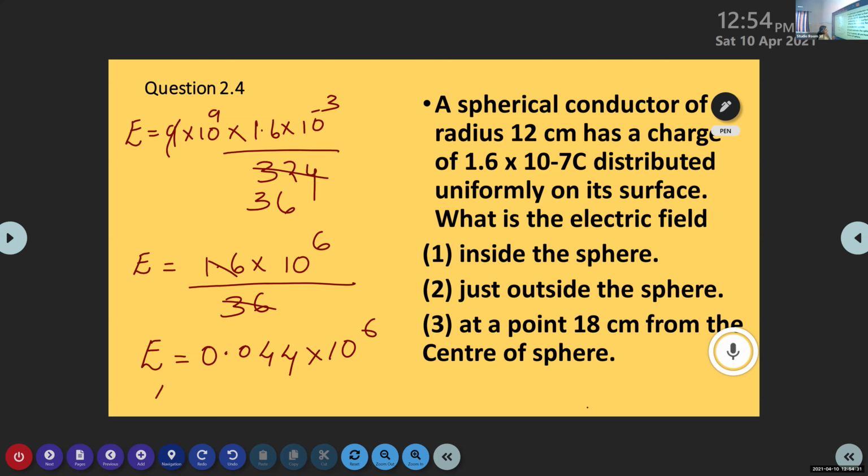Or we can write E is equal to, we can just shift the point to here, so it becomes 4.4 into 10 raised to 4. What is the unit of electric field? Newton per coulomb. Newton per coulomb.